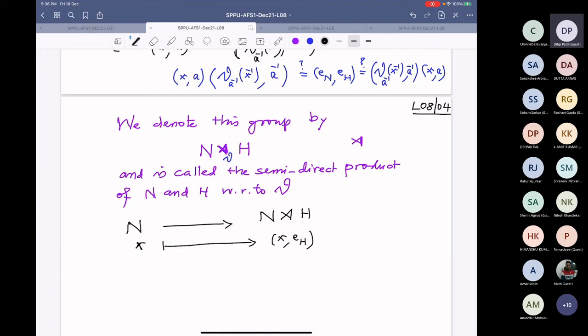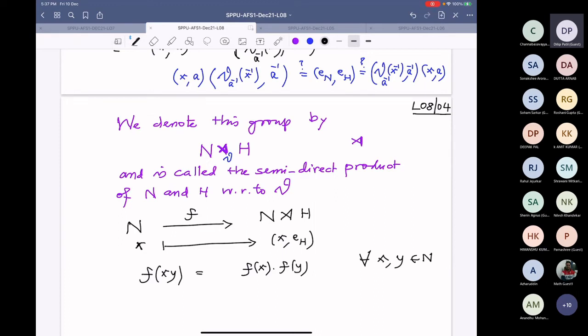And I want to check now that this is a group homomorphism for the given group structure here and for the new group structure here. Let us call it F. I am checking F is a group homomorphism. That means I have to check F of x times y equals F(x) times F(y) for all x, y in N.